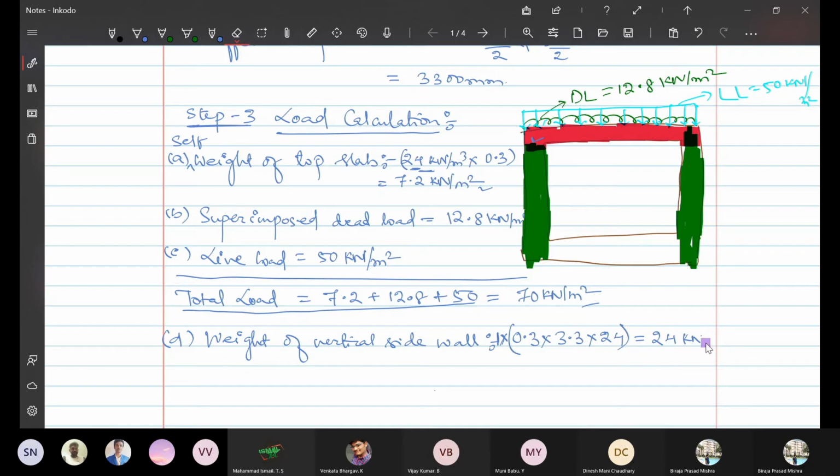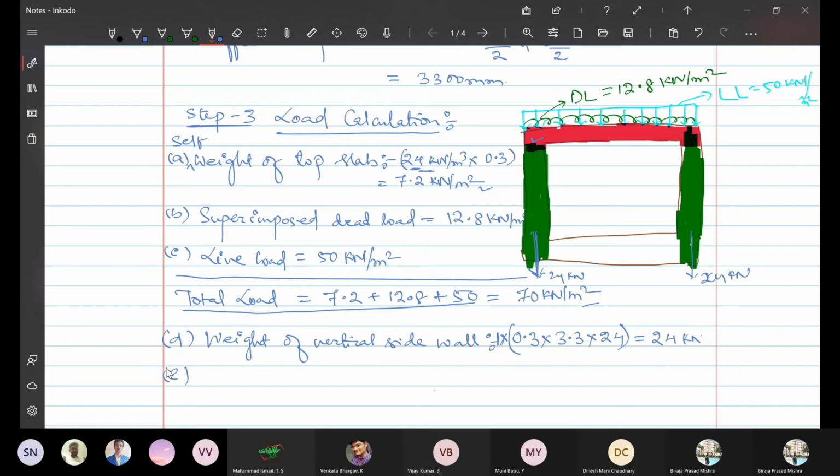Not kilonewton per meter, because this will come as a concentrated load. So this load over here is 24 kilonewton. This side is also 24 kilonewton.